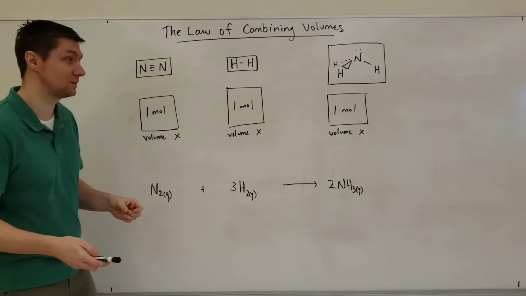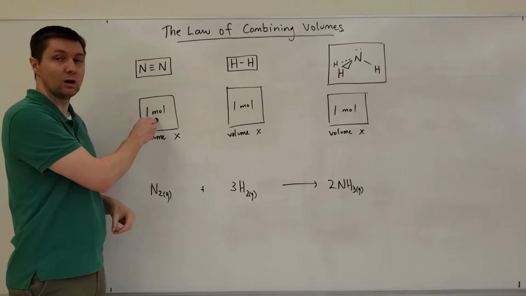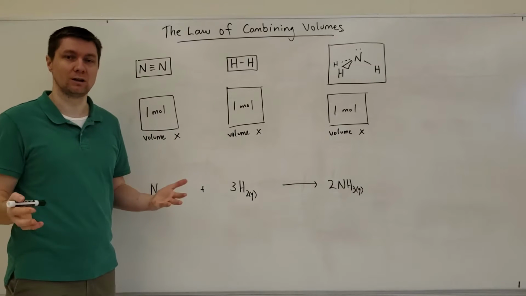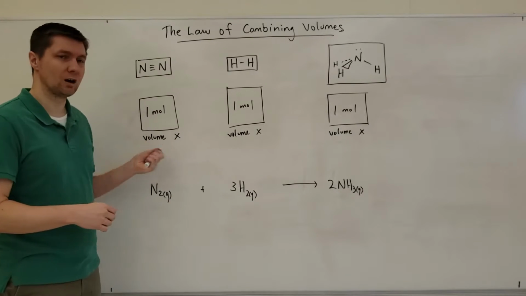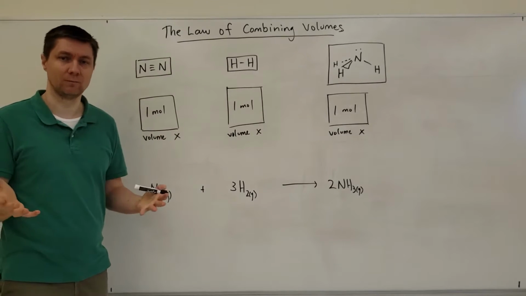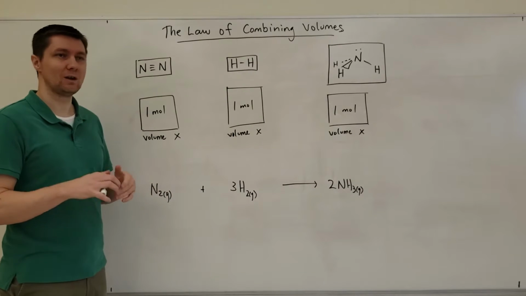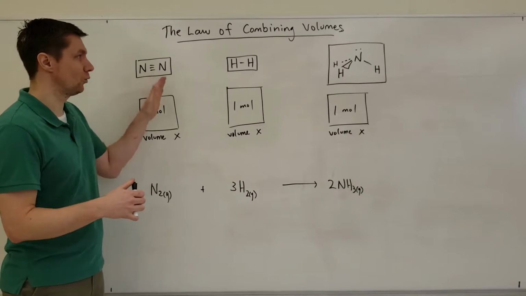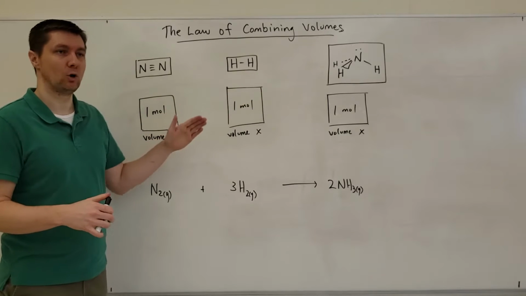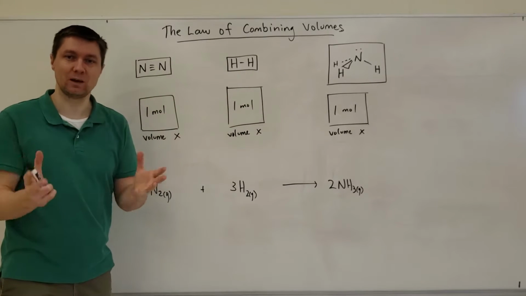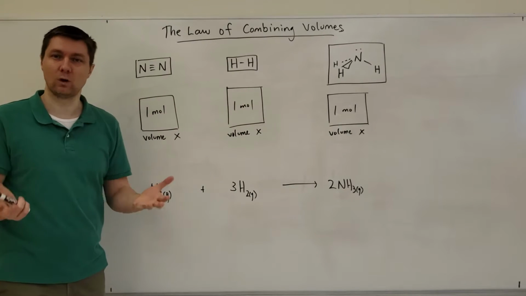So what this means is that if I have 1 mole of a particular gas, it's going to occupy a certain volume. And the thing about gases is that it doesn't matter what gas it is, it will all occupy the same space or volume if you have 1 mole of it.